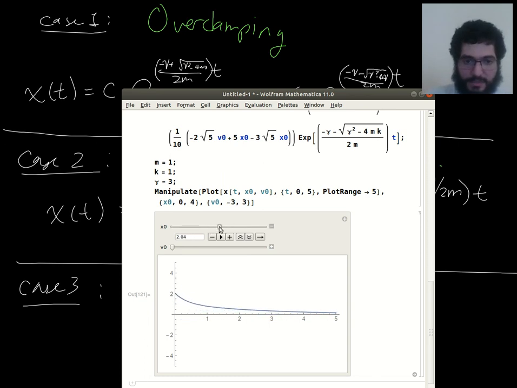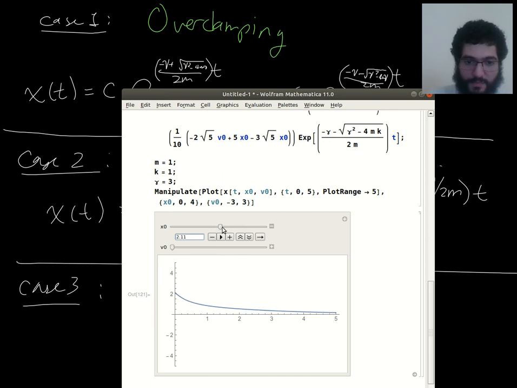When x naught is about 2, that's where it starts. That's where I'm releasing the mass from. And what does it do? It just goes back to equilibrium. This is time on the horizontal, x on the vertical, right? So this represents the mass going back to equilibrium over time, and it slows its approach as it approaches.